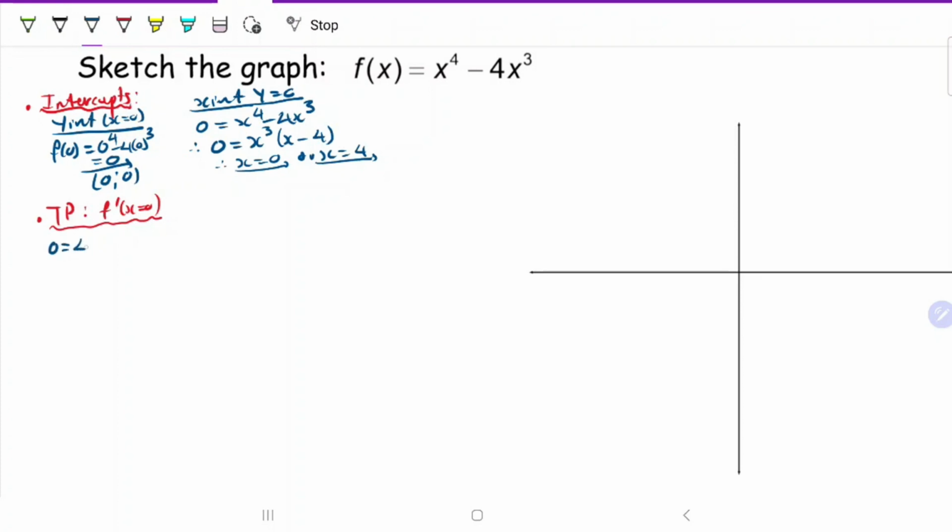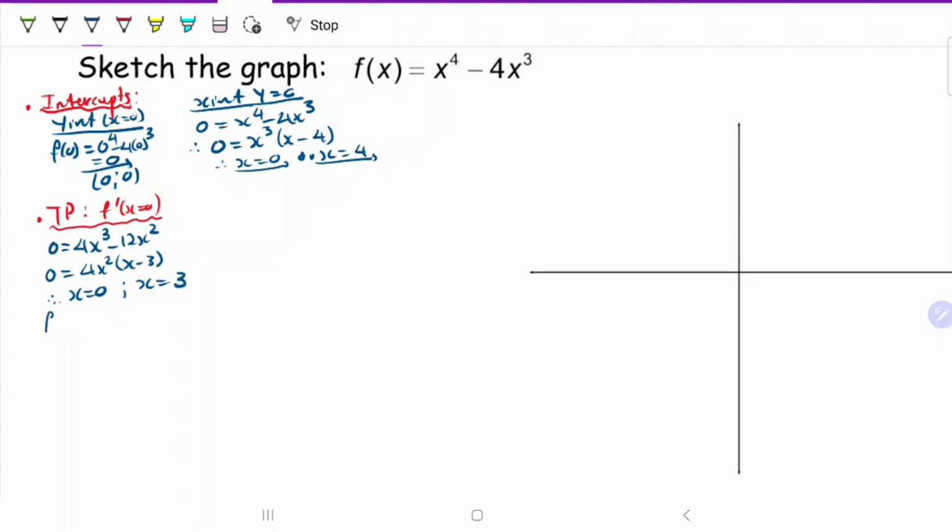This becomes 4x cubed minus 12x squared, just using our method of getting derivatives. Then we set that equal to 0. We can factorize this as 4x squared times x minus 3, which equals 0. So x equals 0 is a turning point, and then x equals 3.